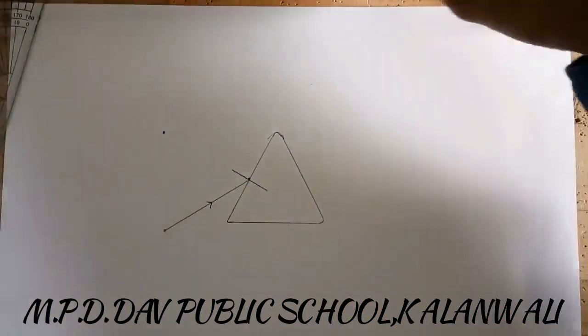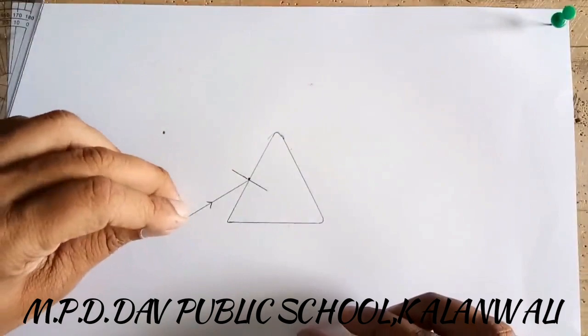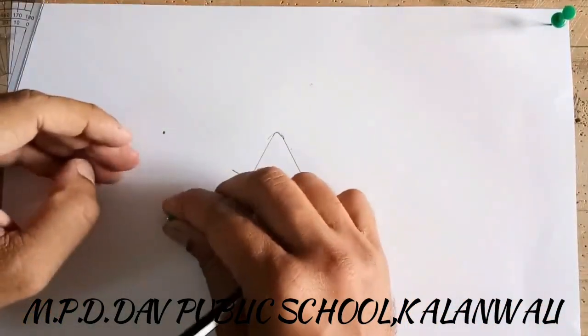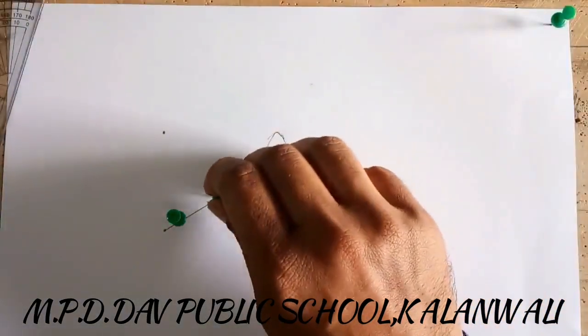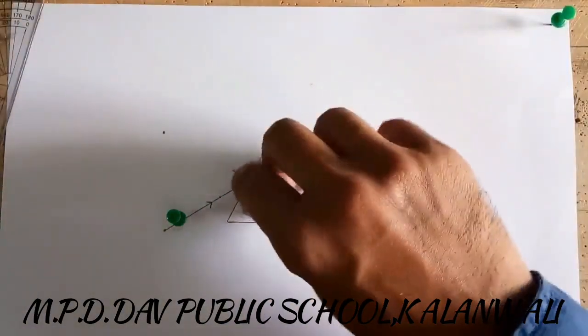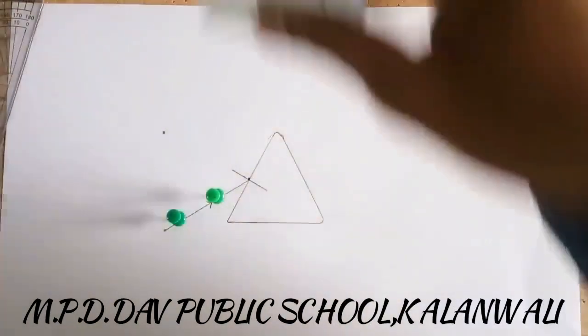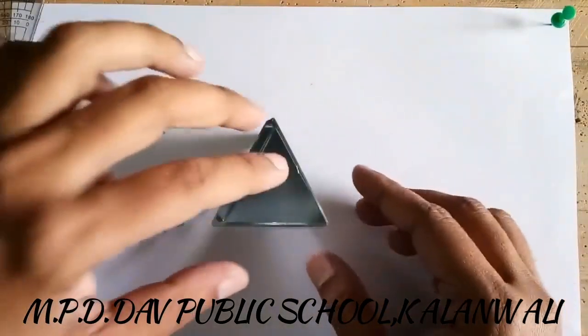Now two pins you are supposed to fix over here on the incident ray. Now put the prism back over here at its marked position.